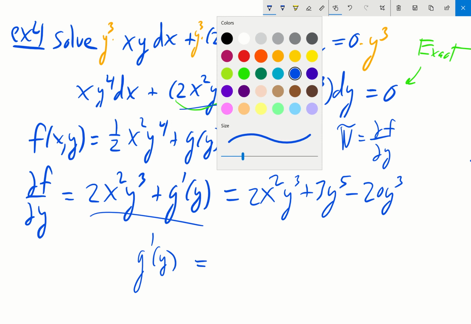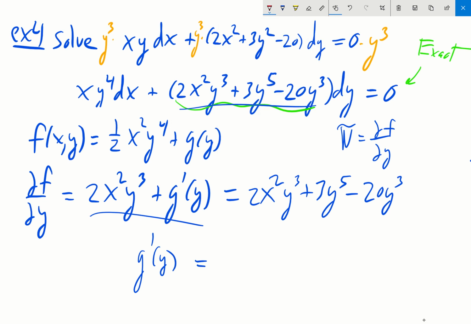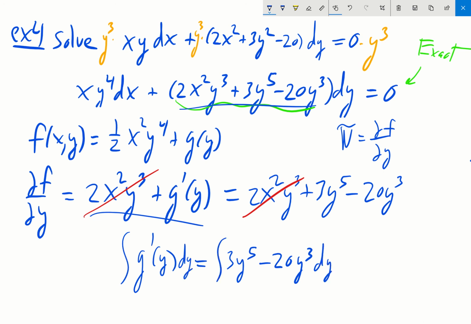We're going to subtract 2x squared y cubed from both sides. We get that g prime of y is 3y to the fifth minus 20y cubed. And now to recover g, we just have to integrate both sides dy.